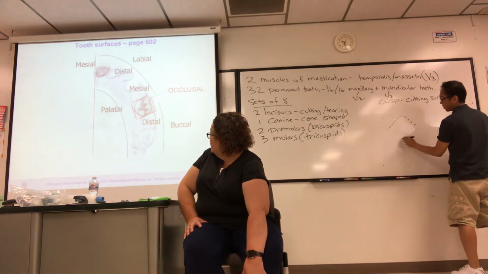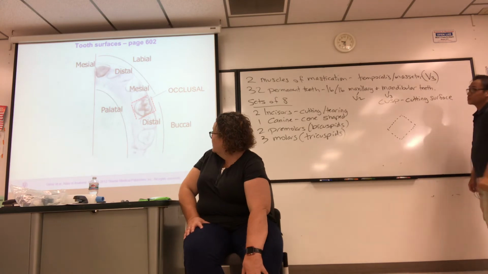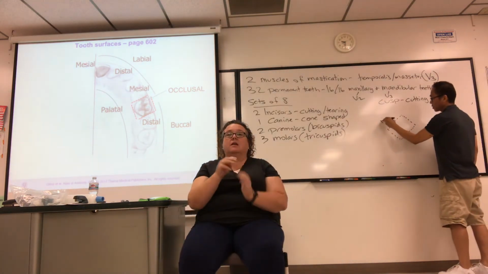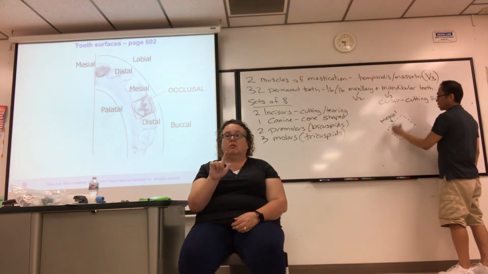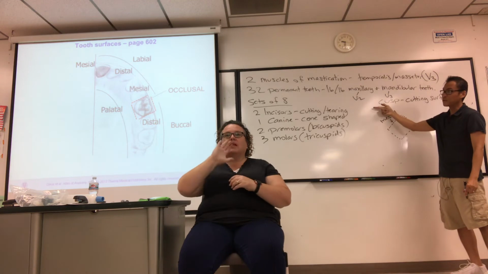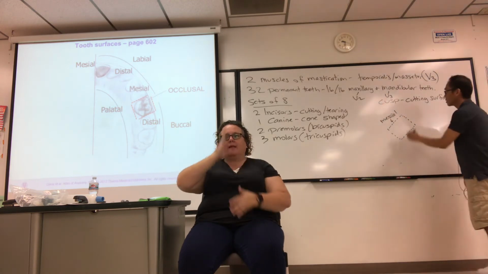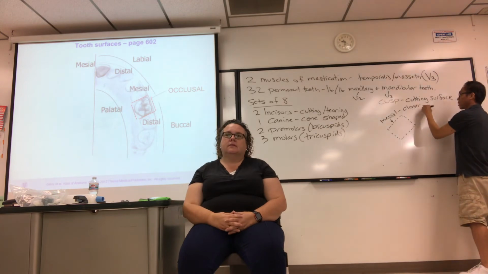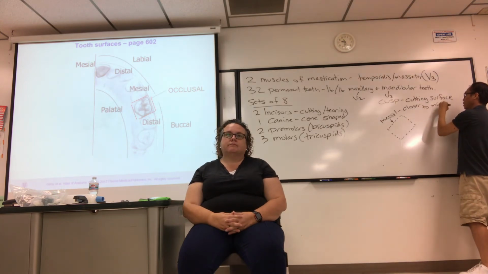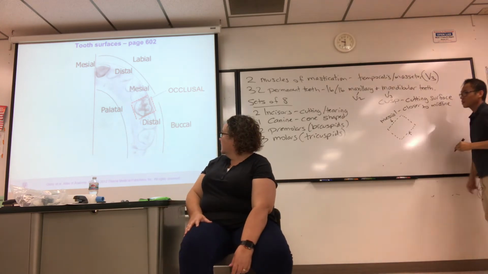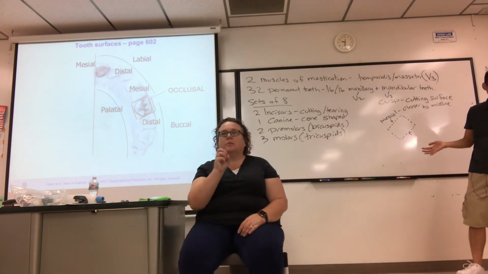When this side is mesial, that's the side of the tooth that's closer to the midline. So mesial and distal are basically opposite sides.